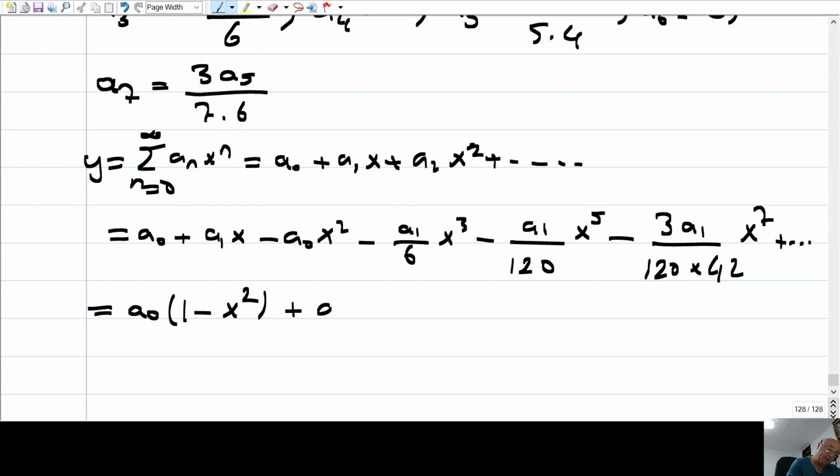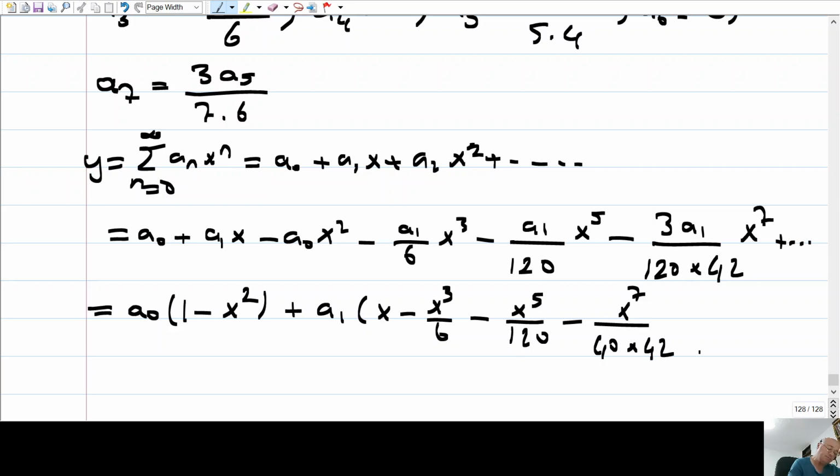And then there are a1 terms: x minus x cubed over 6 minus x to the 5 over 120 minus x to the power 7 over, so 3 and this is cancelled, so 40 times 42, and so on.